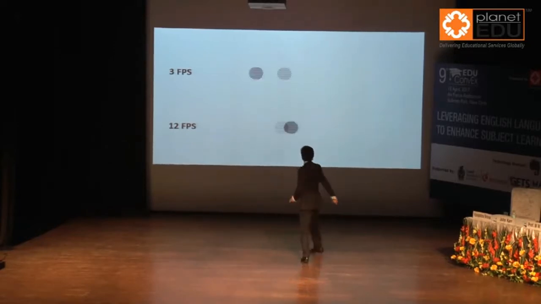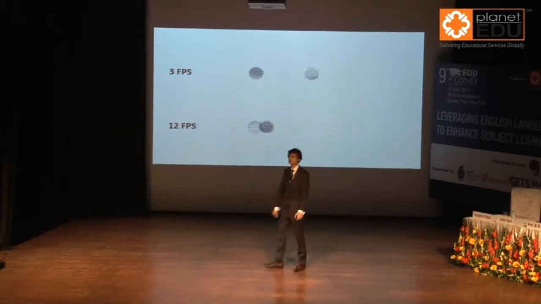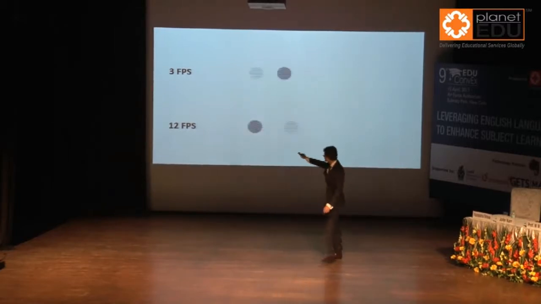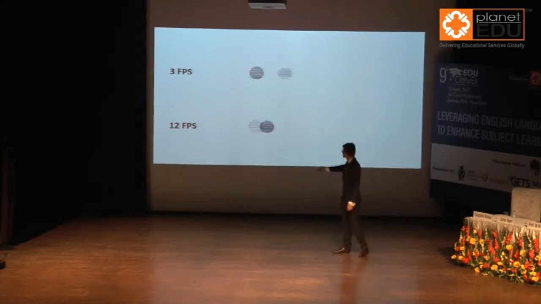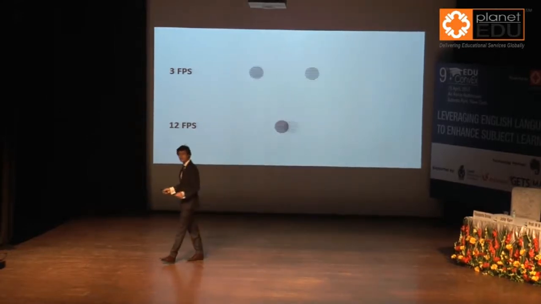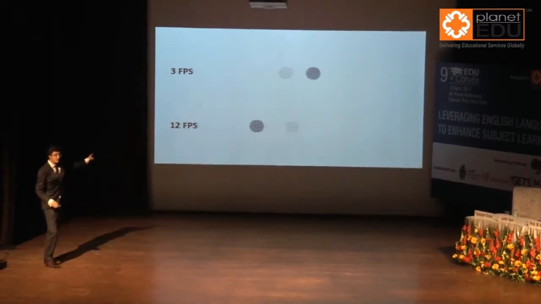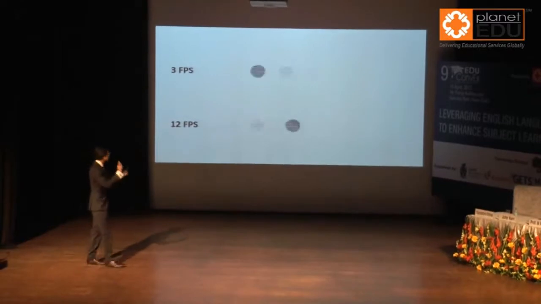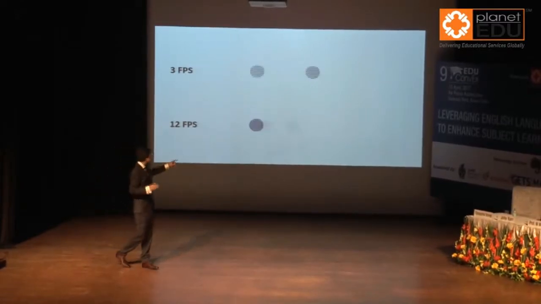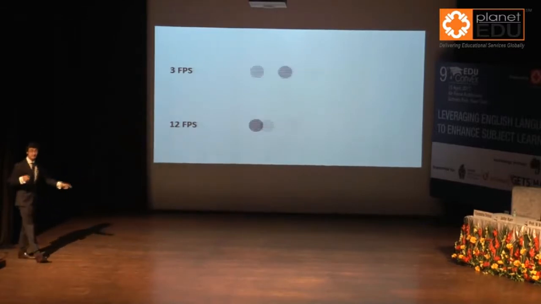At best you can see 3 circles in the top one where it just has 3 frames. If you compare that with the one which has 12 frames per second, it's still extremely flickery, it's still breaking, but you can see it moving. It's smoother than that, but it's still very flickery.